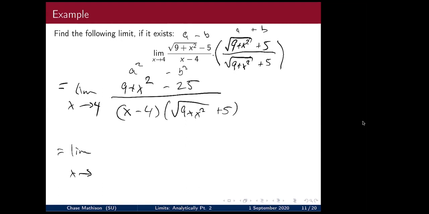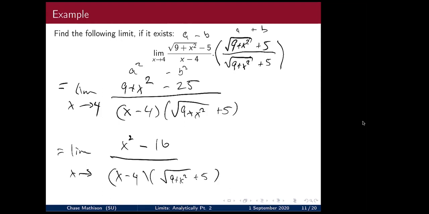What's 9 minus 25? Yeah, minus 16, right? So we're going to have x squared minus 16 over x minus 4 times the square root of 9 plus x squared plus 5.